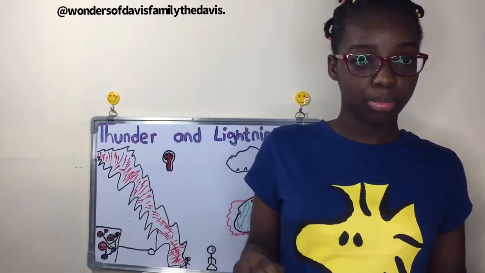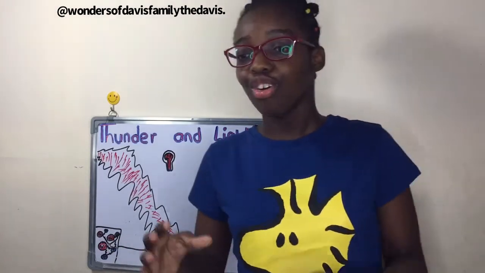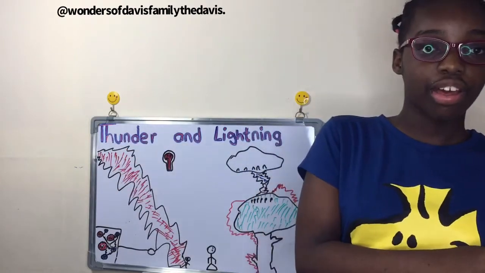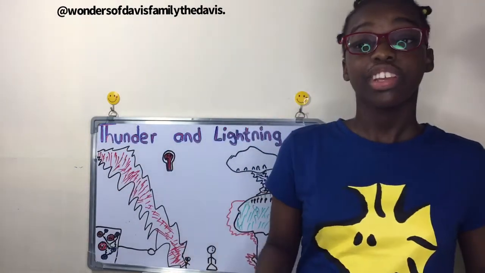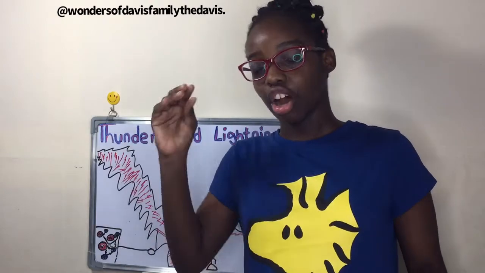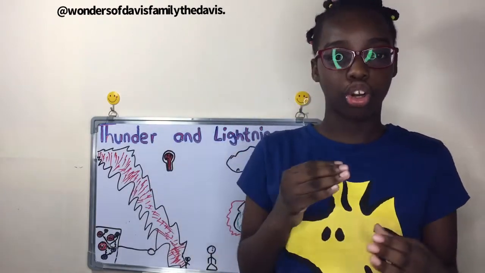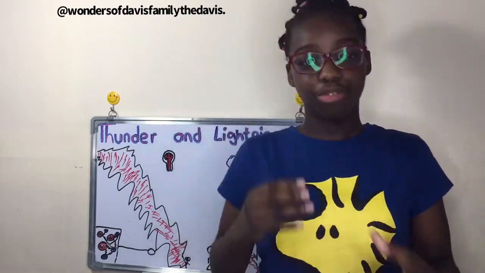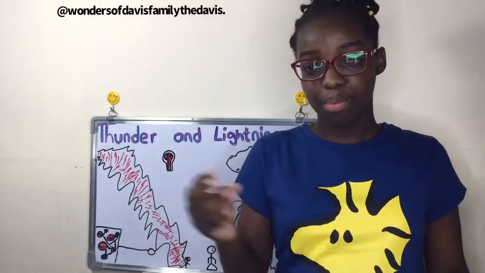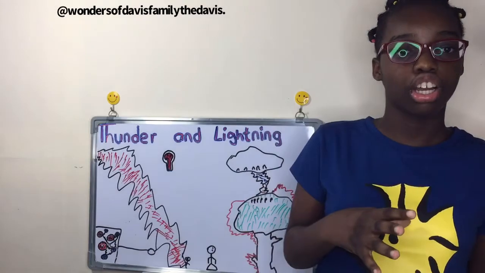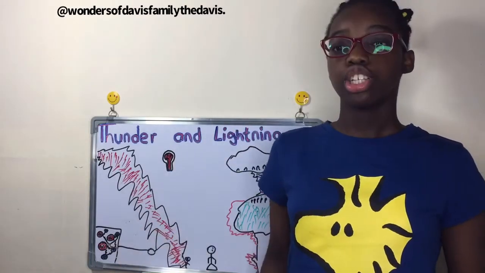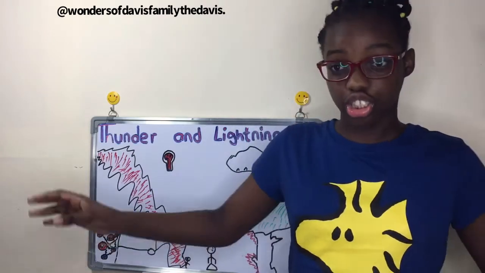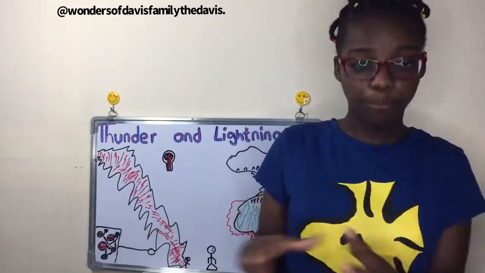The hot air surrounding the lightning becomes hotter, and the hot air starts hitting the cold air because of how excited and vibrating it is. It's vibrating so much and hitting the cold air. This movement of the air will make that crackle or that boom.